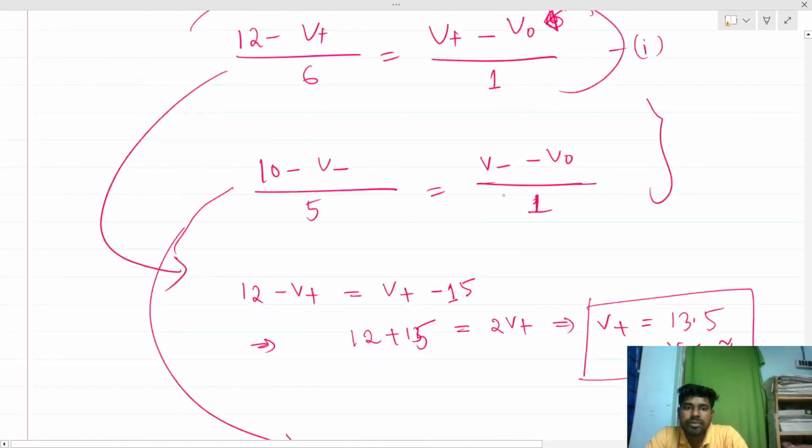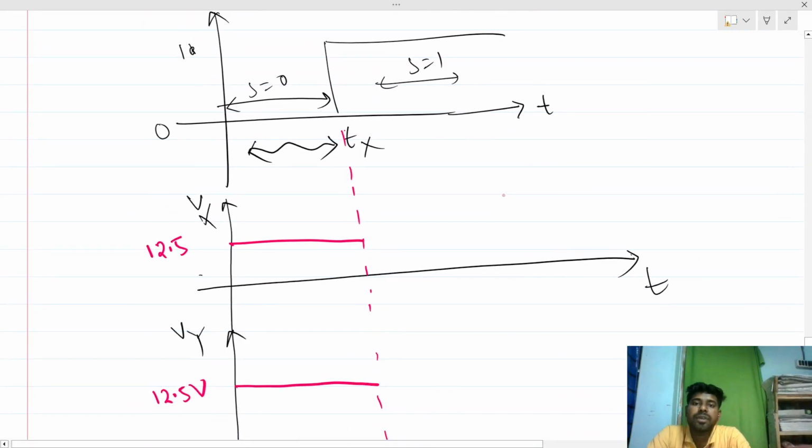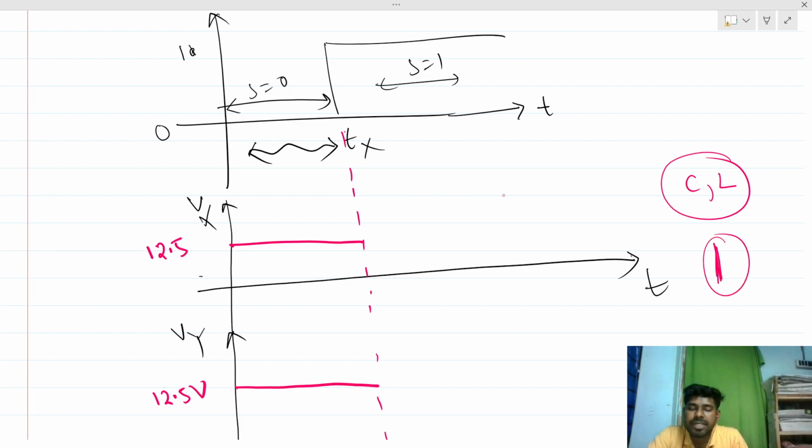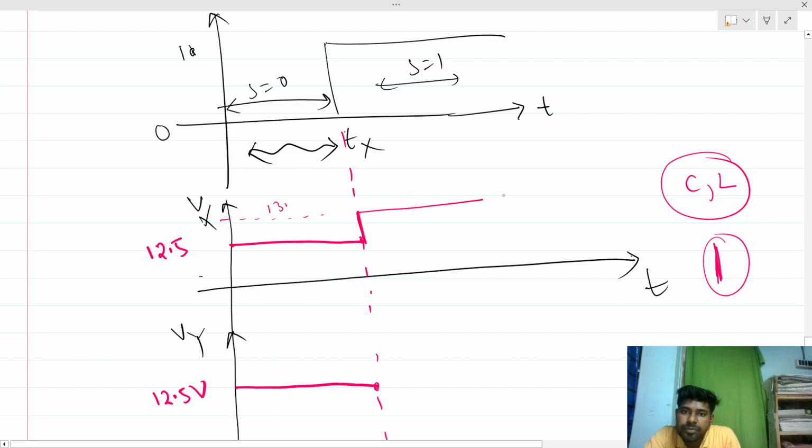Now if I draw the waveform, we can see there is no capacitor and no inductor, so the node voltages can change instantly, right? Because all are resistive. The circuit is purely resistive, so the output waveform will jump suddenly at this node. So Vx suddenly jumps to 13.5 volt.